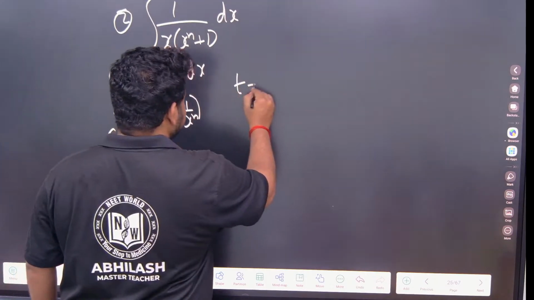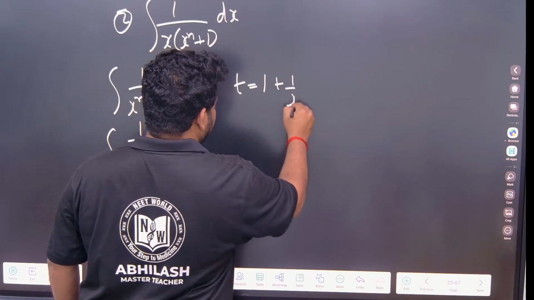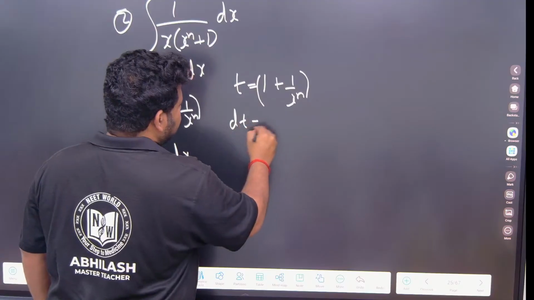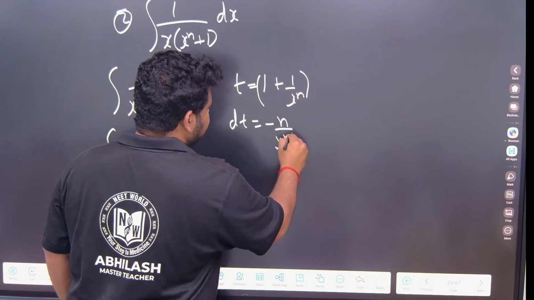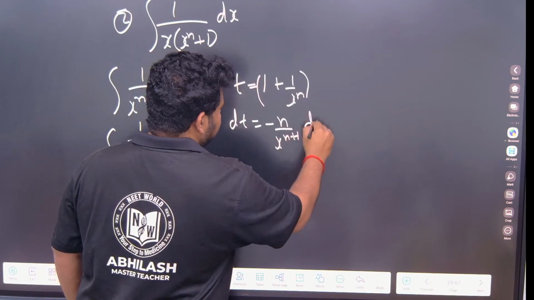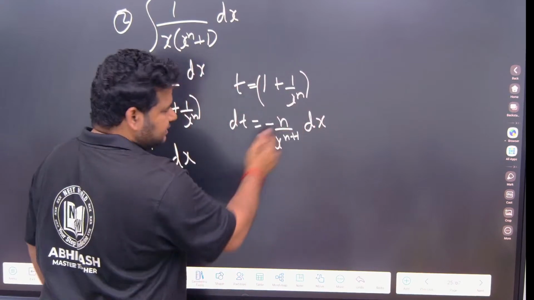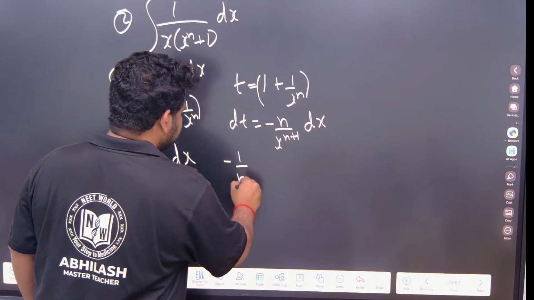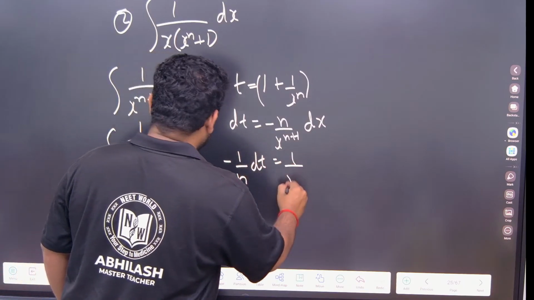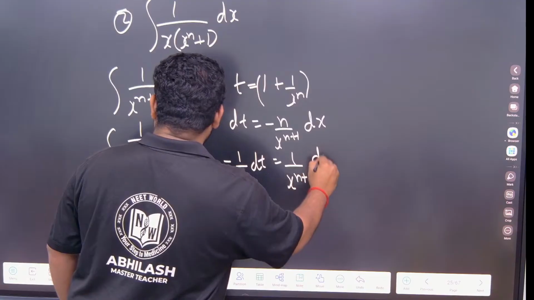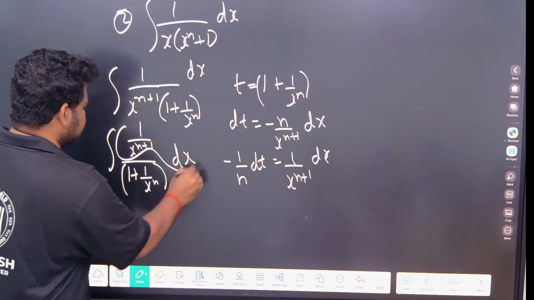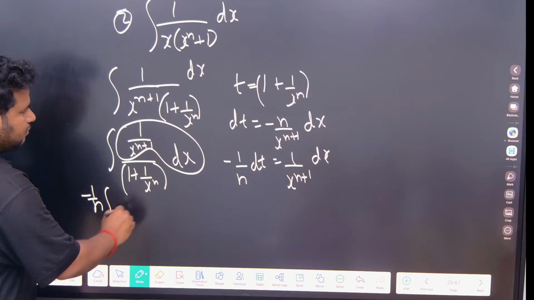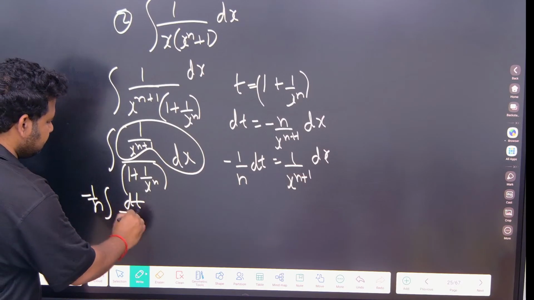So if I take t as 1 plus 1 by x to the power of n, now dt will become minus n by x power n plus 1 dx. Now I want dt, so minus 1 by n dt is equal to 1 by x power n plus 1 dx. So this will become the integral of minus 1 by n dt by t.